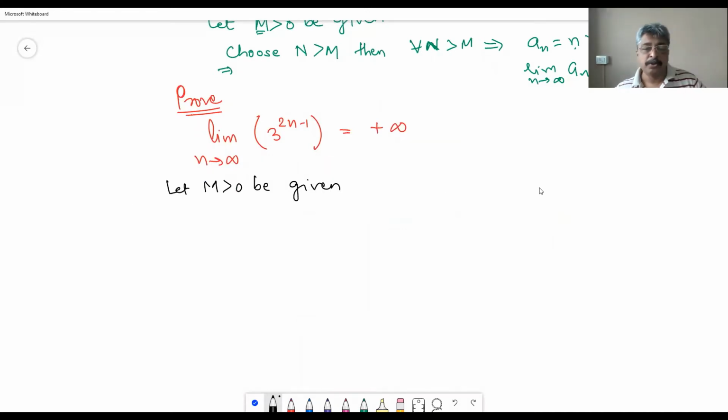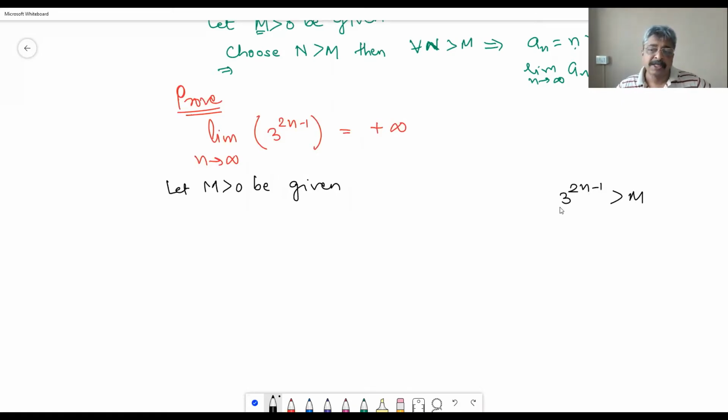Now rough work we have to do. What we want basically is: you give me a number, I give you a number greater than that. Okay, so 3 raised to 2n minus 1 should be greater than M. We need to find out what is the value of n.